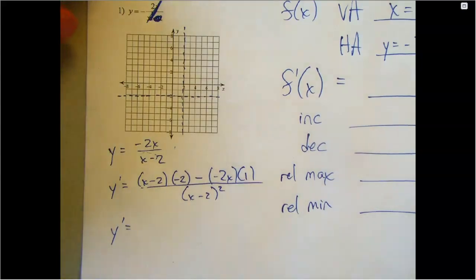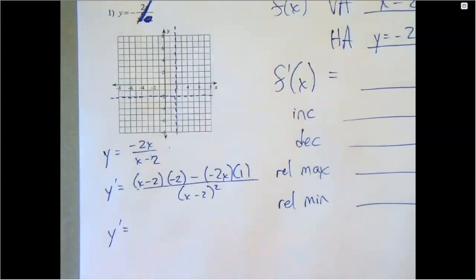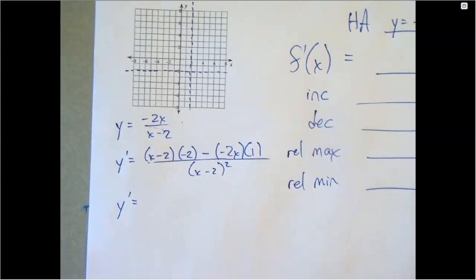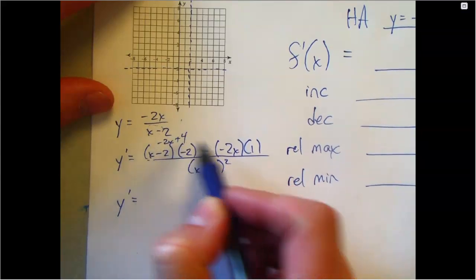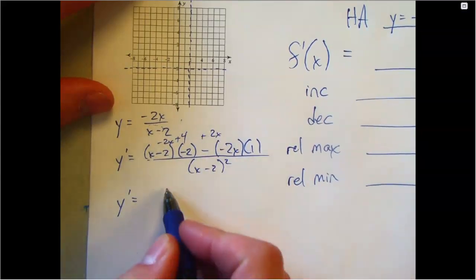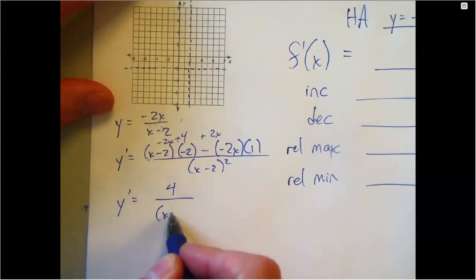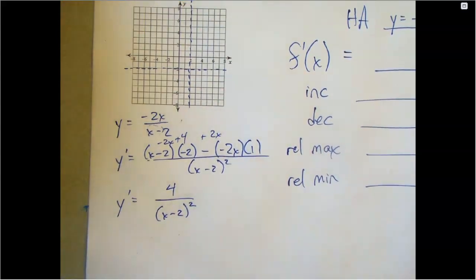If I try to clean up that stuff, I'm trying to save space, we still got to do the second derivative. Plus 4 plus 2x, which is 4 over x minus 2. Agree?